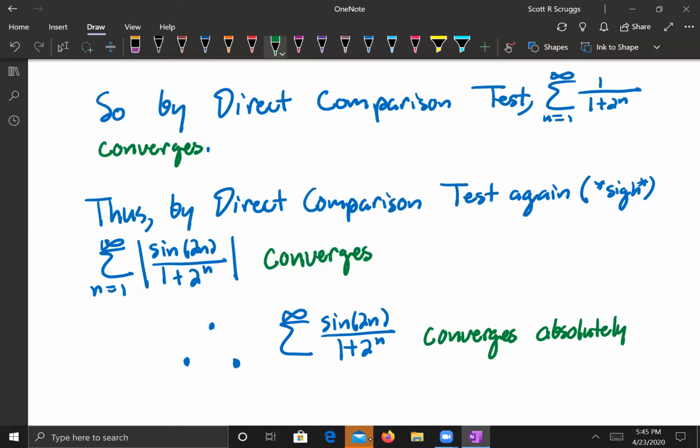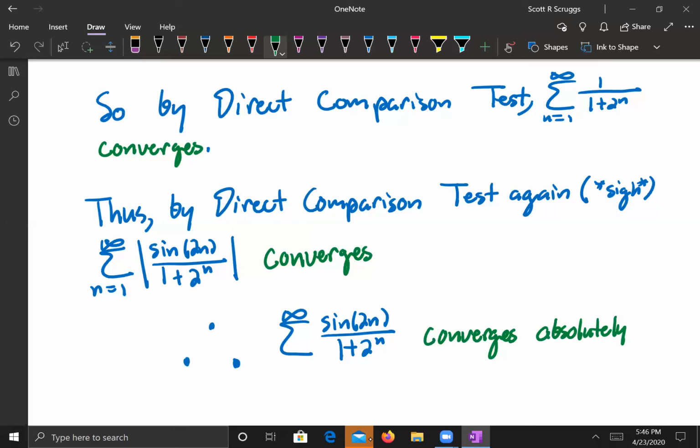To answer your question, Jake, the reason why I want to put the absolute value with the original series is based on the original series that I have, I can't think of a good way to test it using one of our tests. I can't think of alternating series. That's not going to work because I can't rewrite sine of 2n as always being -1 raised to the nth power.